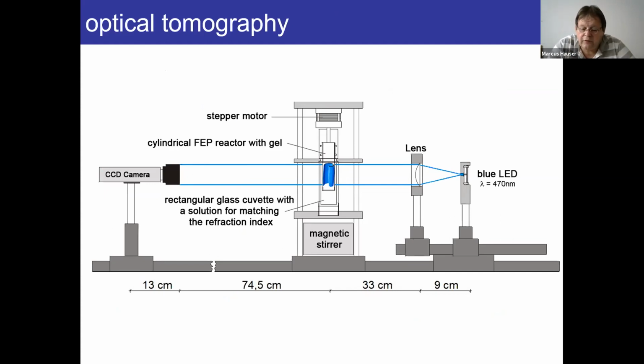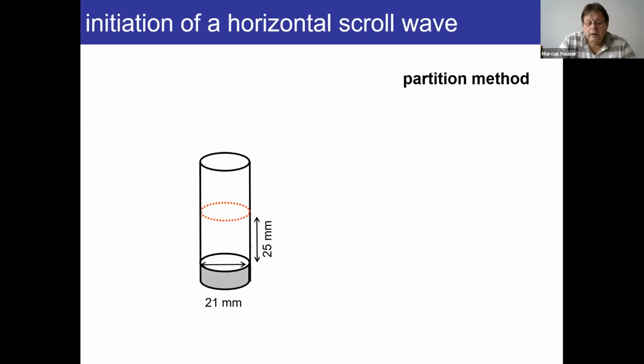And from these projections, by applying the inverse Radon transform, we reconstruct this 3-dimensional object. That's the idea. And the Belousov-Zhabotinsky reaction, being colorful, red and blue, is quite nice in that we can really look at it and reconstruct this from the red light.